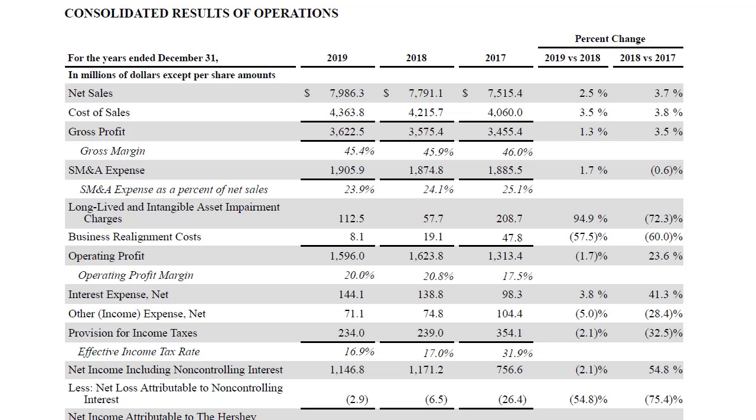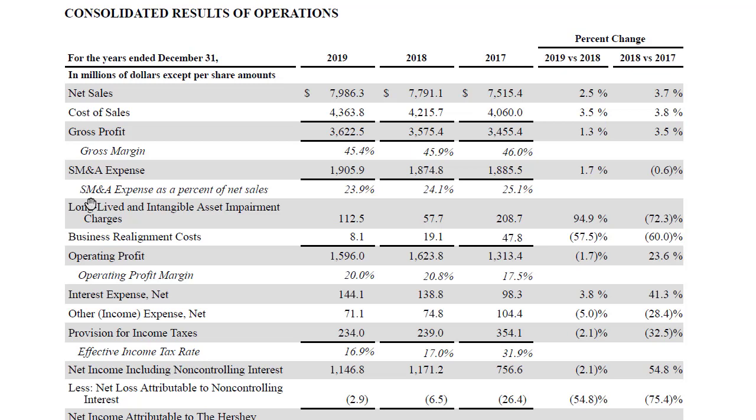Move down to, in this case, and every income statement is different, we're just following Hershey's here. They have these long-lived and intangible asset impairment charges. You want to know what it is that these represent. Usually, in this specific case, they're non-cash charges, but what it means is, in Hershey's case, there was a business that it purchased that it subsequently said, we don't think is worth as much as before, so we're going to write these off.